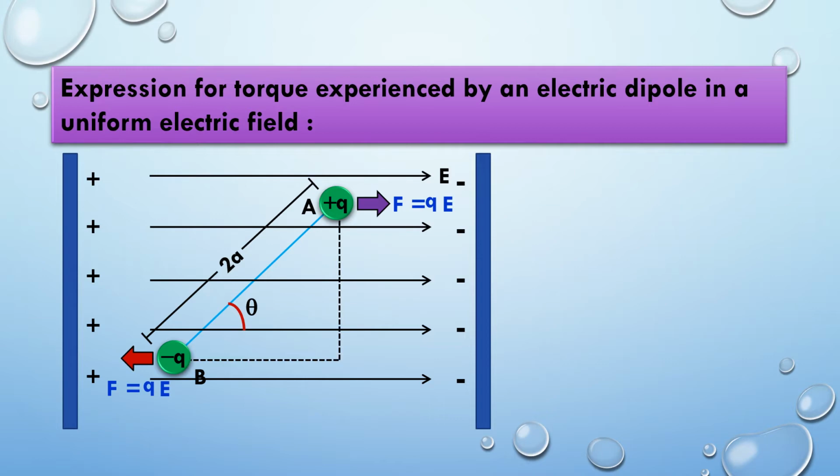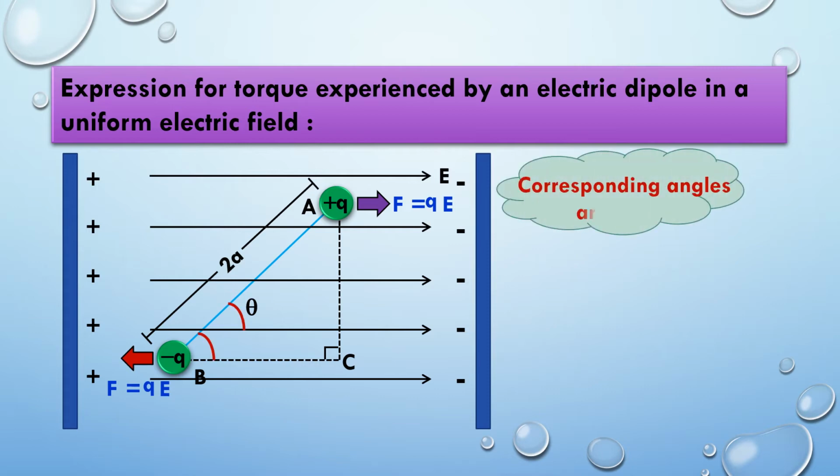Hence, if I now draw perpendiculars from both the charges, I can take an imaginary point where both the diagonals meet, such as point C, where it creates a perpendicular bisector with respect to both of them. Let us consider this angle also to be theta, since both of them are alternate angles, corresponding angles, we get them as theta.